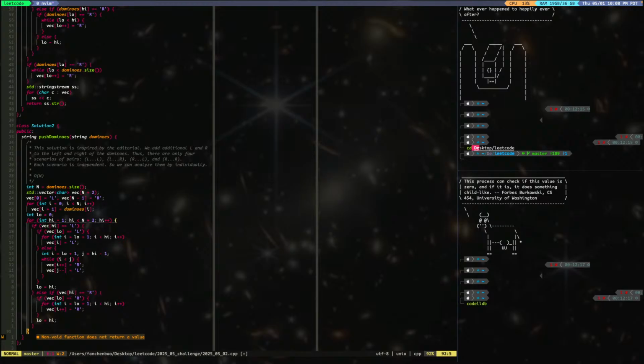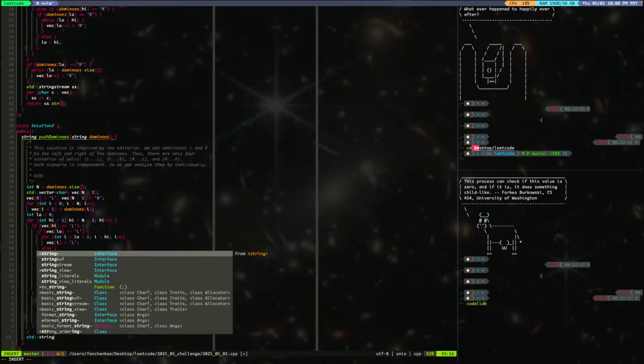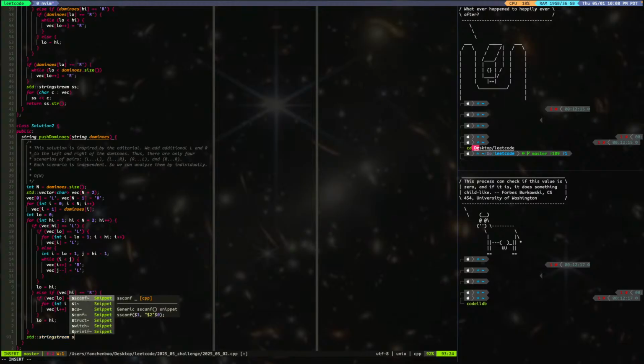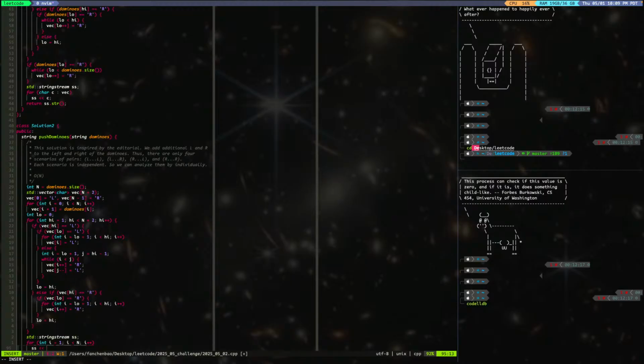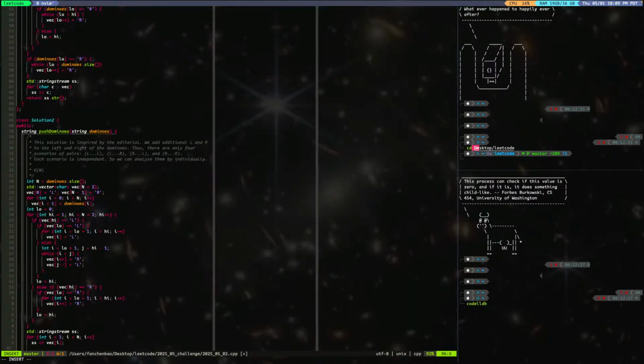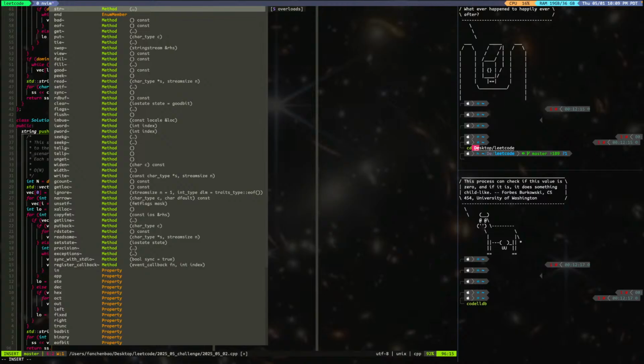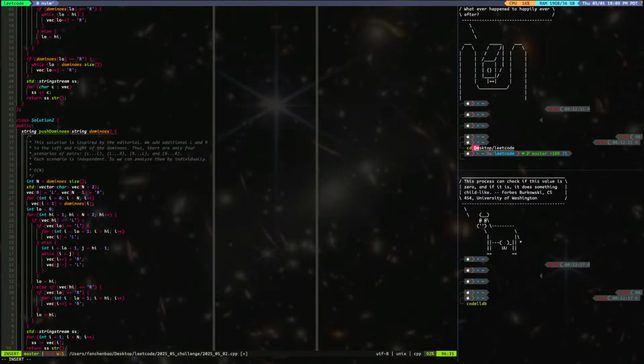So once we're done, we can say std string stream ss, for int i equal to 1, i smaller than n, i plus plus, ss vec i, return ss dot str. All right, so this is borrowing the idea from the official solution.